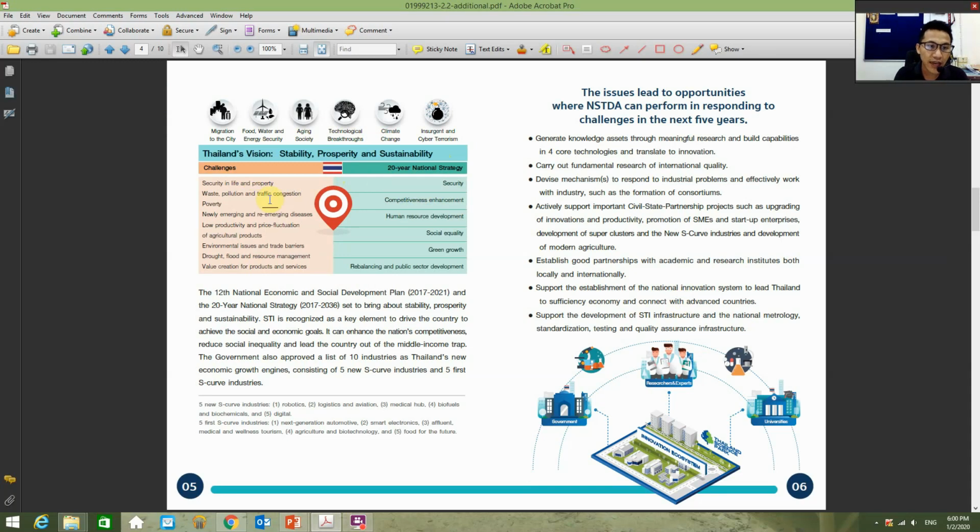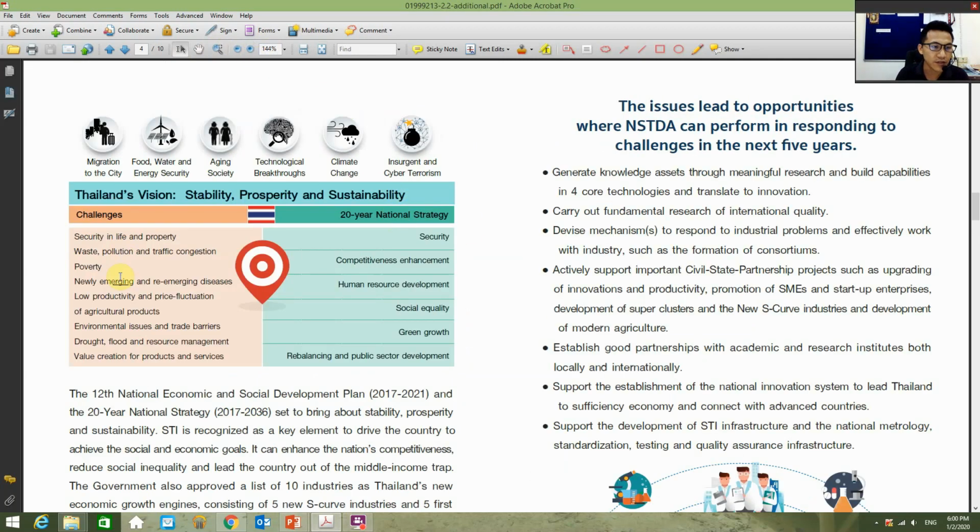So the challenges we have are like the following. Let me zoom here a little bit, okay, then people can see. Security in life and property, waste, pollution and traffic congestion, poverty, newly emerging and re-emerging diseases. You get new flu, new name. They're huge. They have a lot of negative impact on Thai people and animals as well.